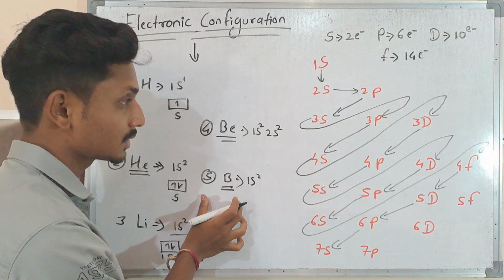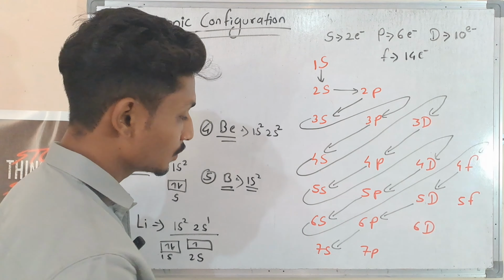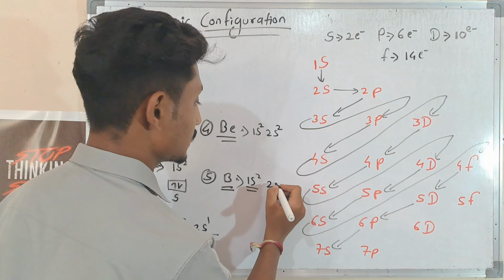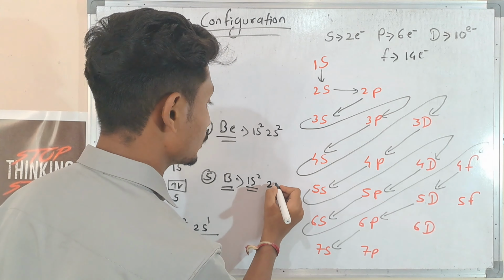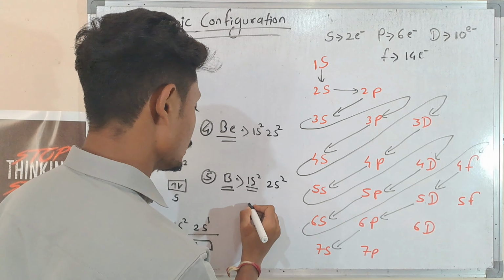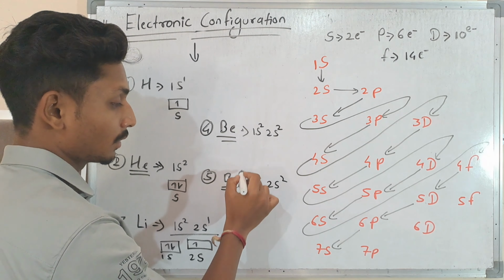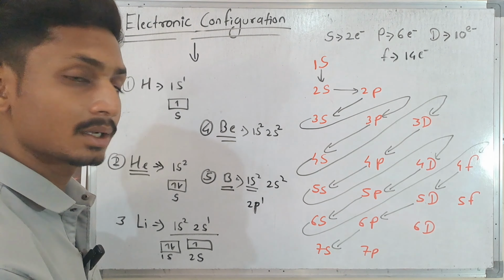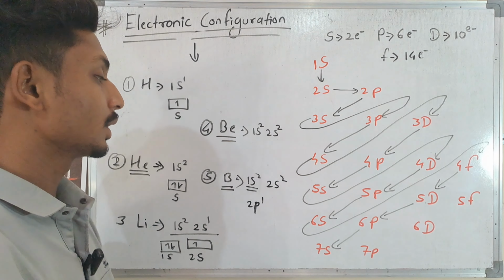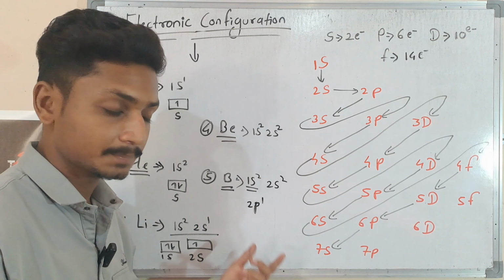Boron has 5 electrons: 2 go in 1s2, 2 enter 2s2, and the one remaining electron enters 2p1. So the electronic configuration for boron is 1s2, 2s2, 2p1.